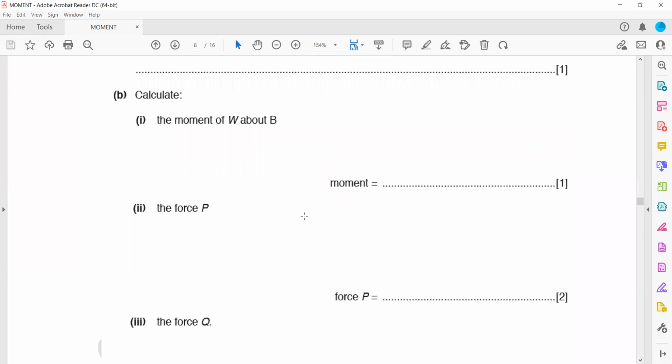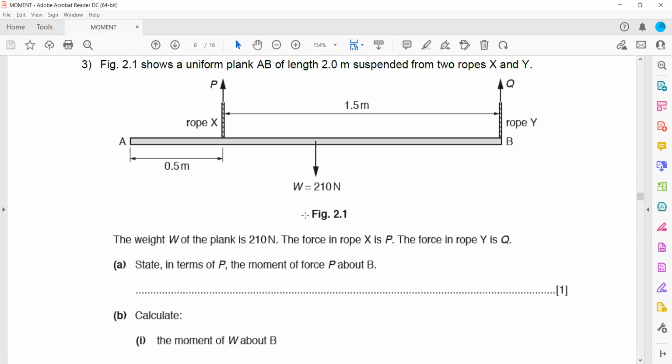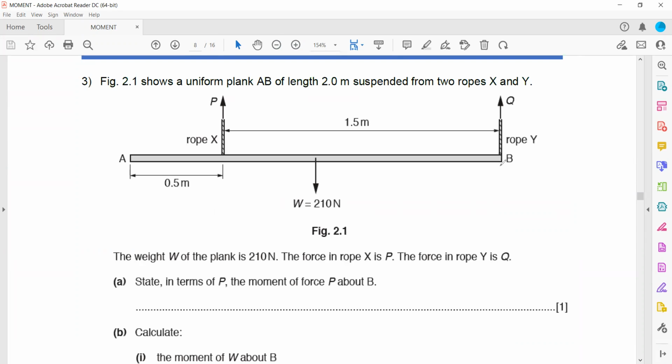The next part, we need force P. How to work out force P? Whenever we want to solve a question related to turning effect to find the force or the distance, here B is the pivot. They already mentioned B is the pivot, the point of rotation.